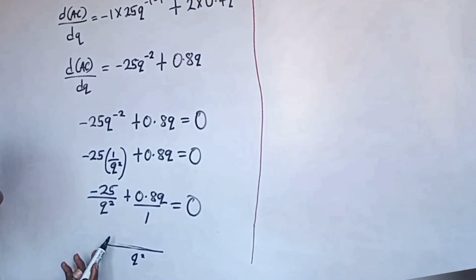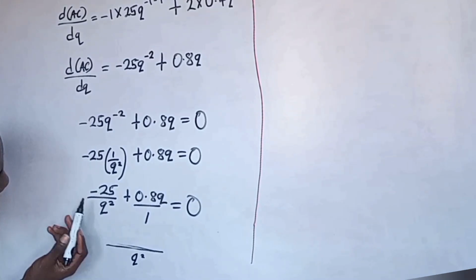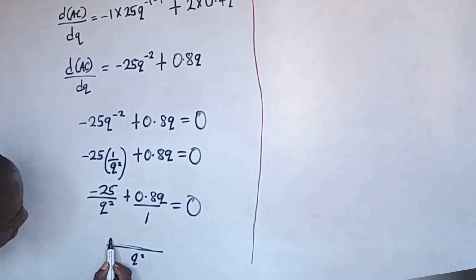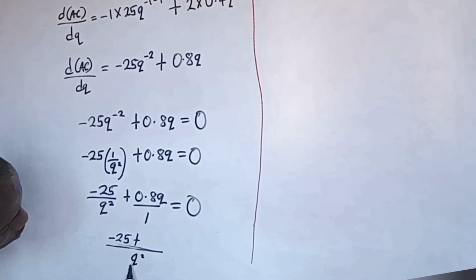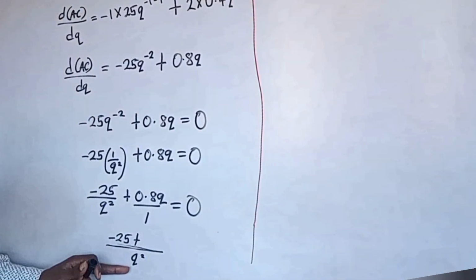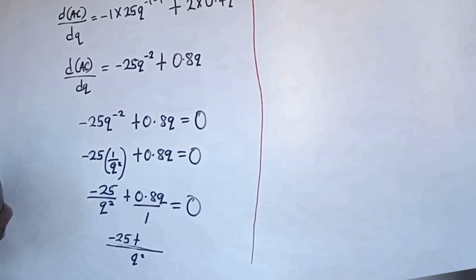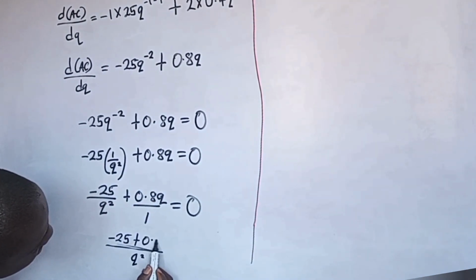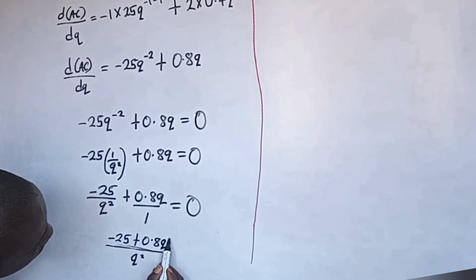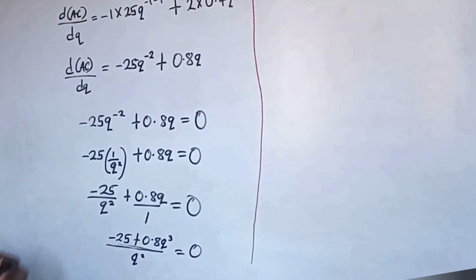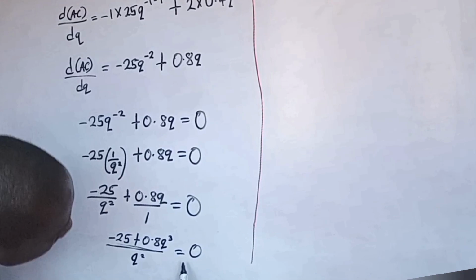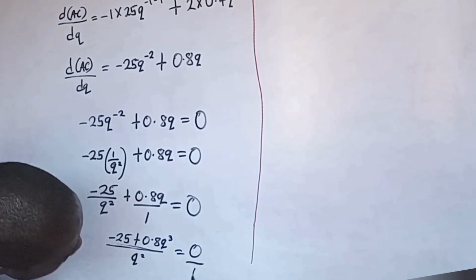Q squared divided by q squared is 1, and 1 multiplied by minus 25 gives minus 25. Plus q squared divided by 1 is q squared, and q squared multiplied by 0.8q is 0.8q raised to the power of 3, equals to 0. Now I can set that 0 over 1, which is also the same as 0.